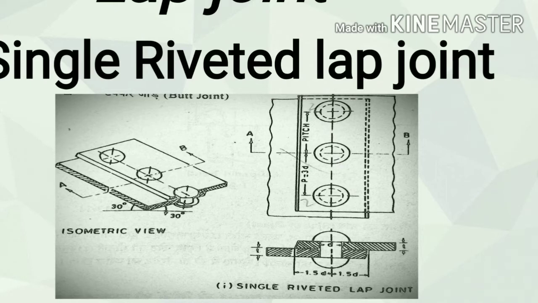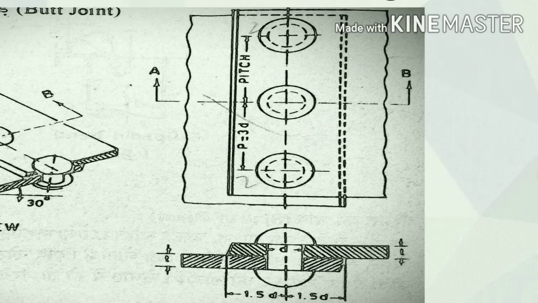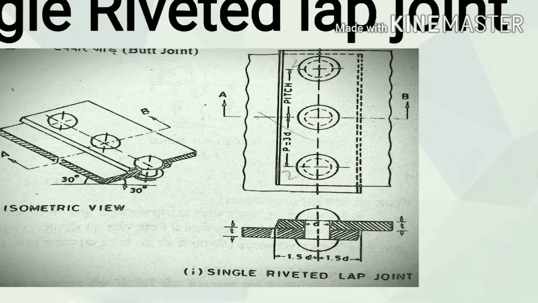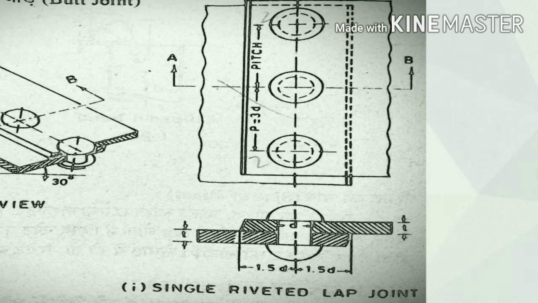You can see the section of this type of lap joint. P means pitch. Pitch is equal to 3D. The distance between the two rivet centers is called pitch.